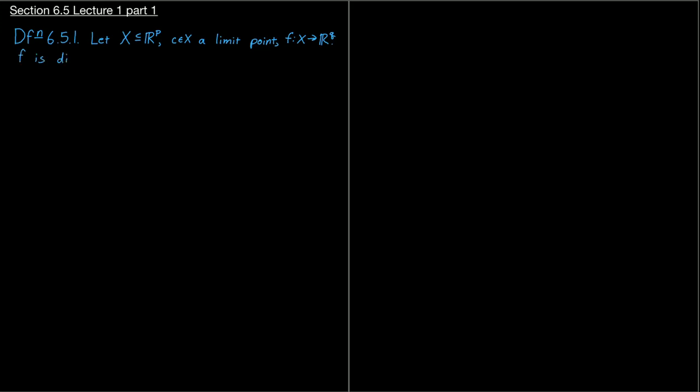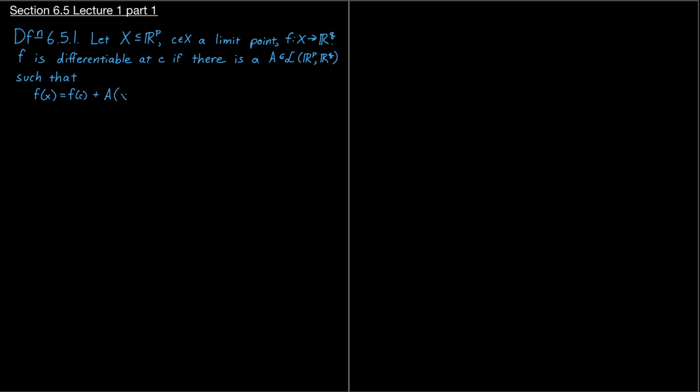F is differentiable at c if there is a linear function from R^p to R^q such that we can write f of x is equal to f of c plus our linear function.